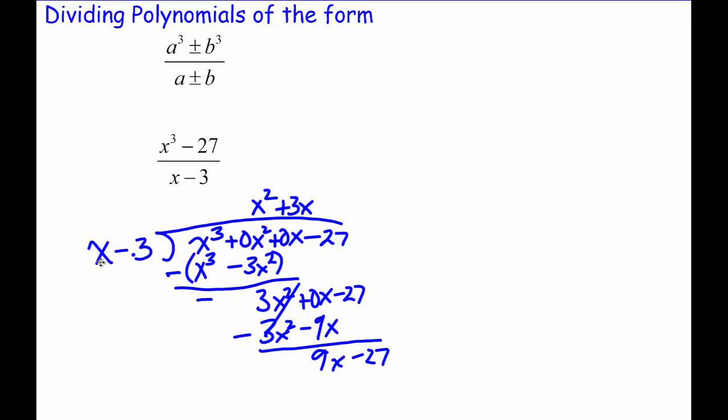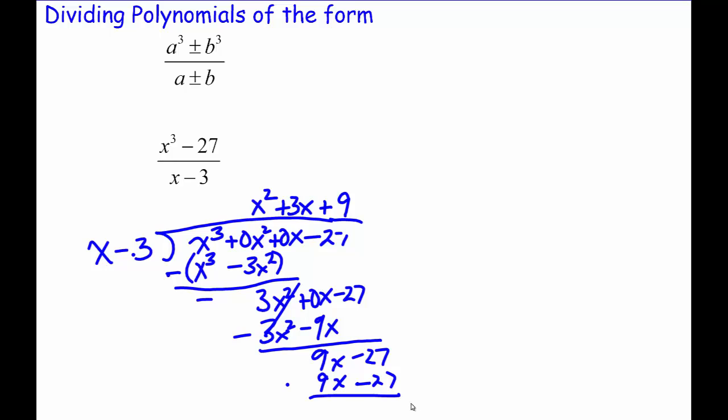Now finally you ask yourself, how many times does x go into 9x? And that is positive 9 times, not 9x times. Forgive me there. So 9 times x is 9x. Follow the pattern again, then negative 27.